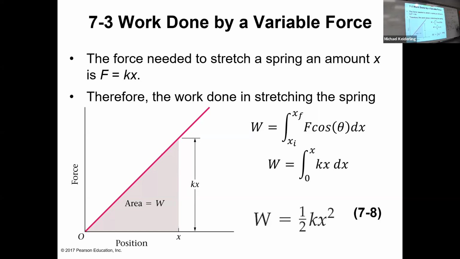So the work done on the spring is 1/2 kx squared. The work done by the spring is minus 1/2 kx squared, going from 0 to x. The force needed to stretch a spring by x is kx. Therefore, the work done in stretching the spring is 1/2 kx squared. That is the work you have to apply to the spring.